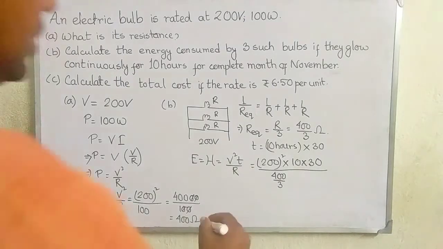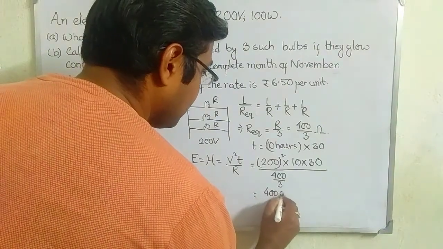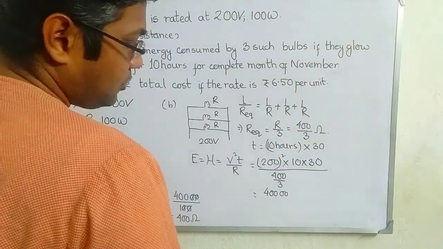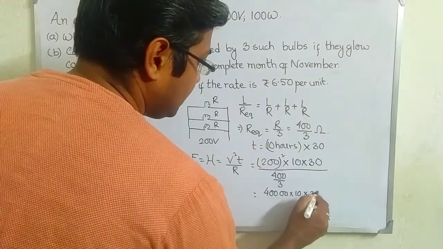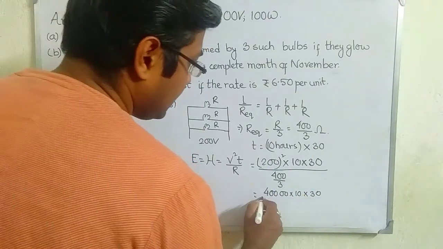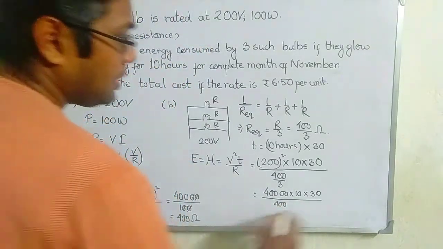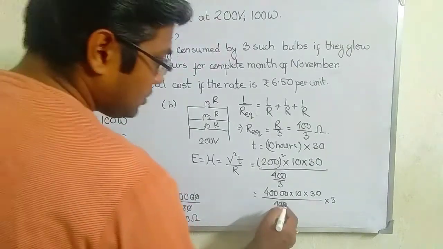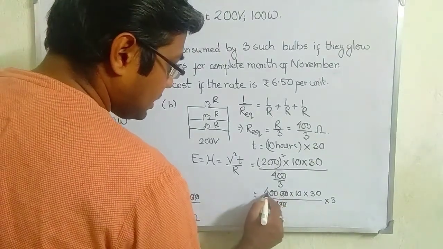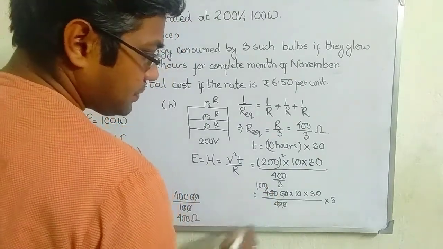So here it will be 4, after that 4 zeros, here it is 10, it is 30, divided by 400 into 3. So these 2 zeros and these 4 cancel out, so it will be 100.